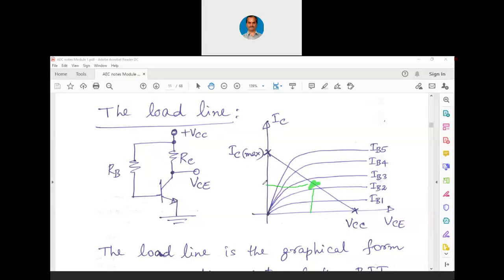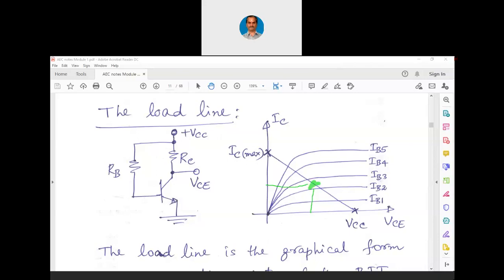Then naturally this particular point on the y-axis corresponds to IC max by 2 and this point on the x-axis corresponds to VCC by 2. So VCC by 2 and IC max by 2 are the ideal coordinates for the quiescent point.